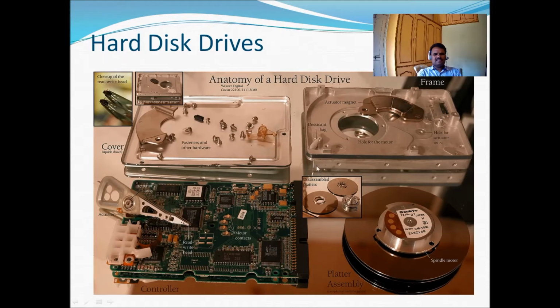So this is inside a hard disk drive. These are the platters inside the hard disk. This is a spindle motor which spins these platters, and this is the control circuitry. This one is a read write head which reads and writes the data, and supporting devices inside the hard disk.